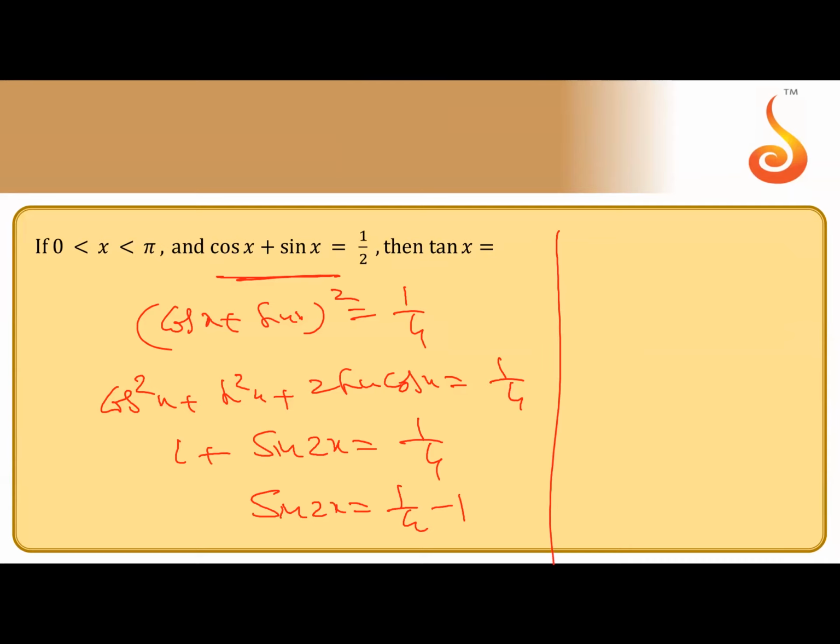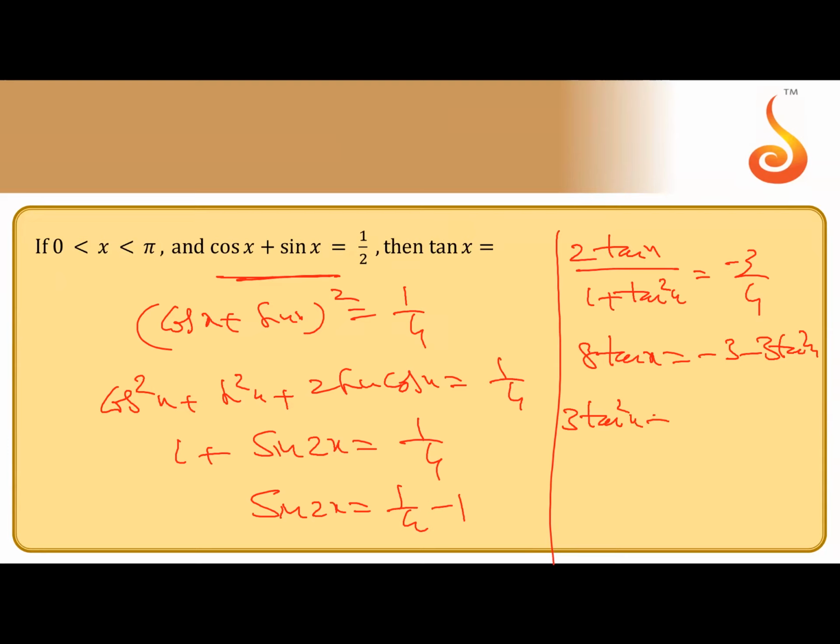But we want tan x, and we have a formula for sin 2x in terms of tan: 2 tan x by (1 plus tan square x) equal to minus 3 by 4. Cross multiply and make a quadratic equation: 8 tan x equal to minus 3 minus 3 tan square x. So you get 3 tan square x plus 8 tan x plus 3 equal to 0.